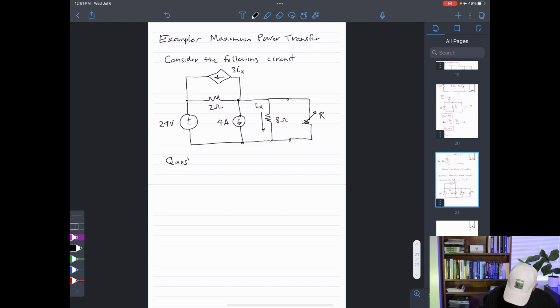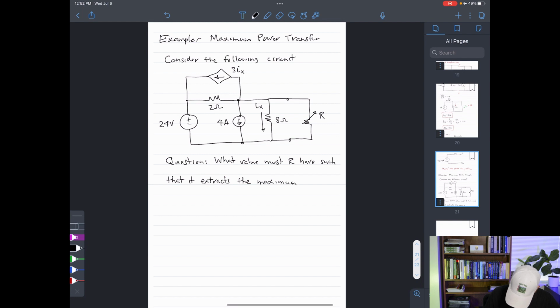And the question is, what value must R have such that it extracts the maximum amount of power from the circuit?